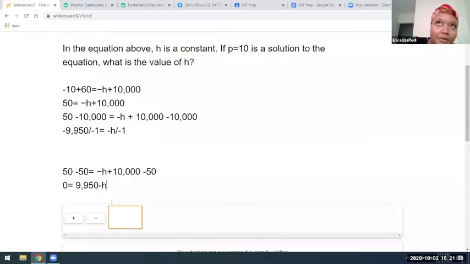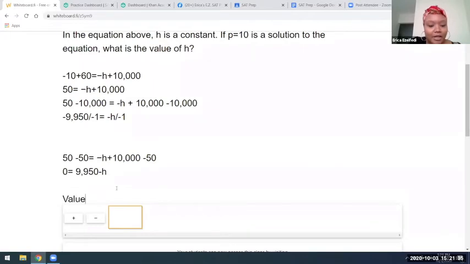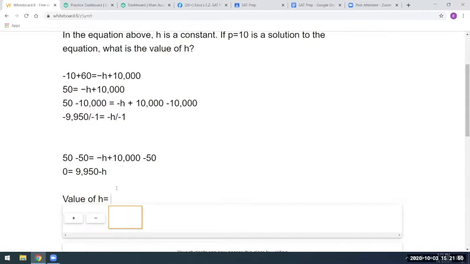So when we say the value of h, one thing with math problems is translating from math language to the language we usually speak. That makes sense?